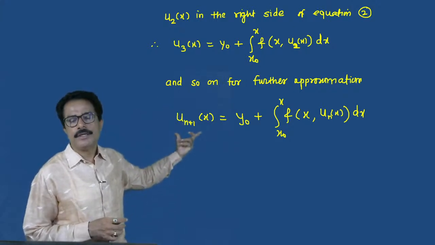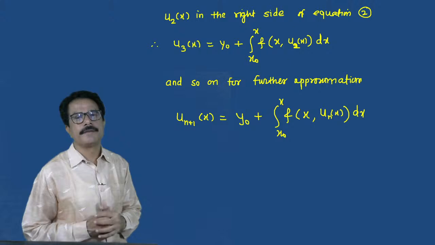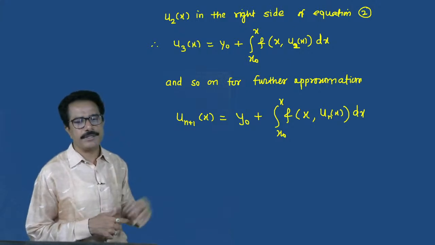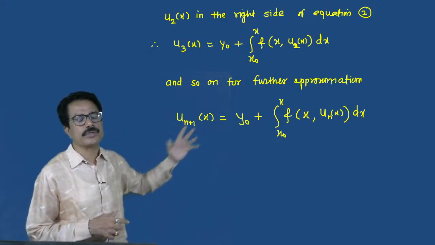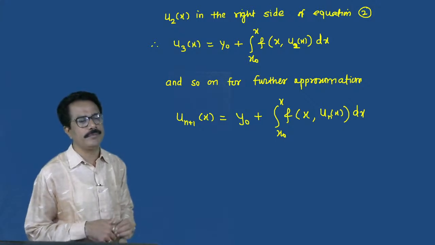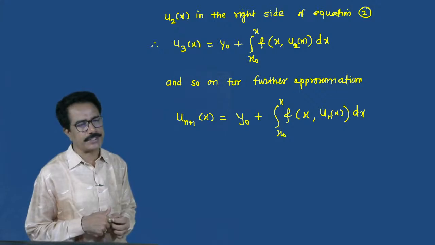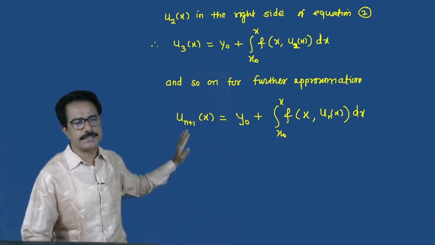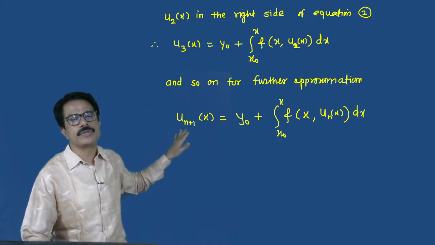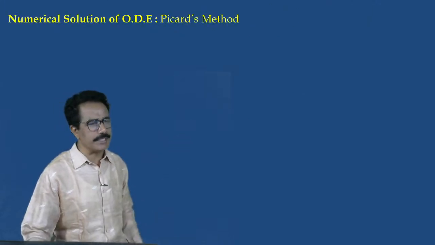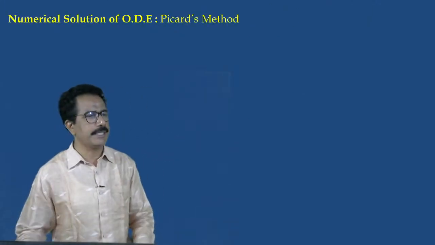In this way we can write the general approximation u n plus 1 of x is equal to y0 plus integral from x0 to x f of x comma un of x dx. Already we have discussed this. One problem we also solved in the last lecture. Now today we shall discuss the next Picard's method examples.